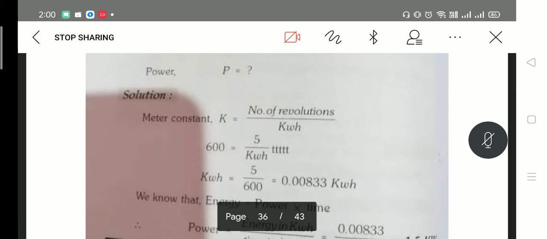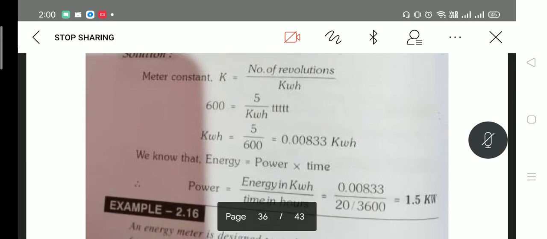We know the energy and time. Now we can find the power from this formula. Energy is equal to power into time. So power is equal to energy by time, right?